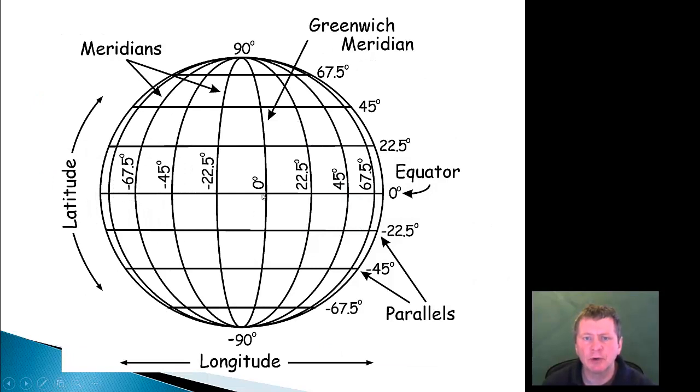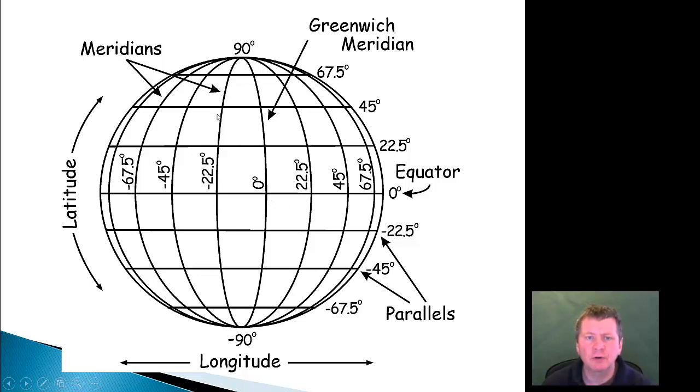The Greenwich meridian here is defined as the 0 longitude. Latitude goes from plus 90 to minus 90. Longitudes heading to the west are negative numbers and to the east are positive numbers.